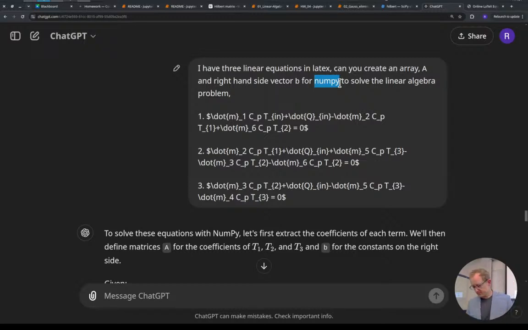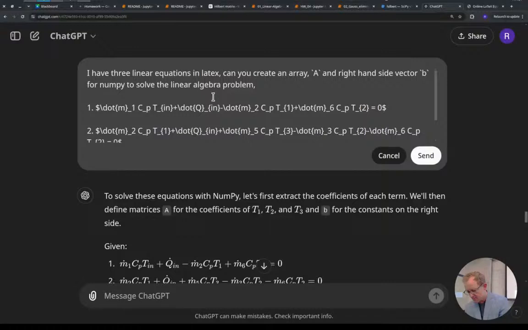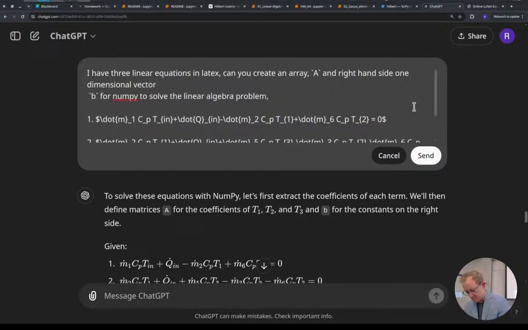For the array being vertical, you could just say I want b to be horizontal. Right hand side, I could say one dimensional, one dimensional horizontal. So that just looks better in the code.